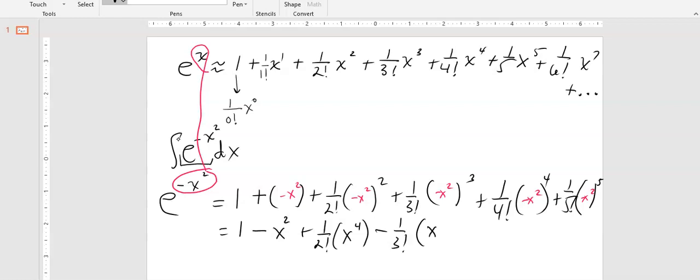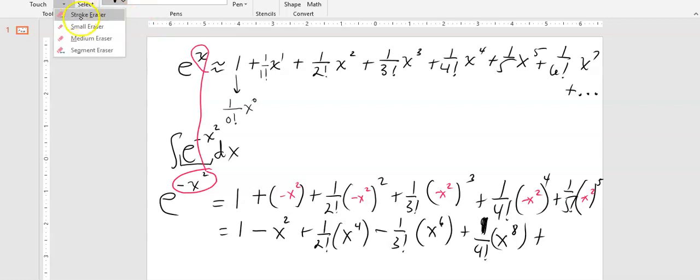And then x squared cubed, x squared times another x squared would be 4, times another x squared would be 6. Now a negative times itself 4 times would stay positive. That's a 1. And 2 times 4 is 8, so it would be x to the 8th. And then, let's see, a negative x squared to the 5th.